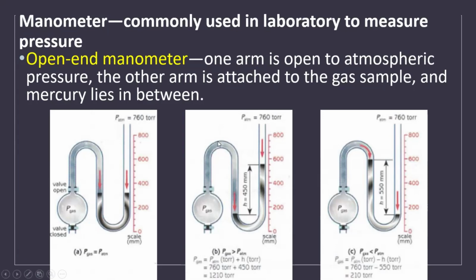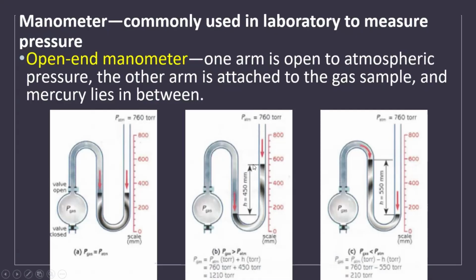Look at the heights of the two sides and which one is winning. It would be the sample gas over here. It has pushed a lot harder than the air pressure out here, and it's had to retreat.